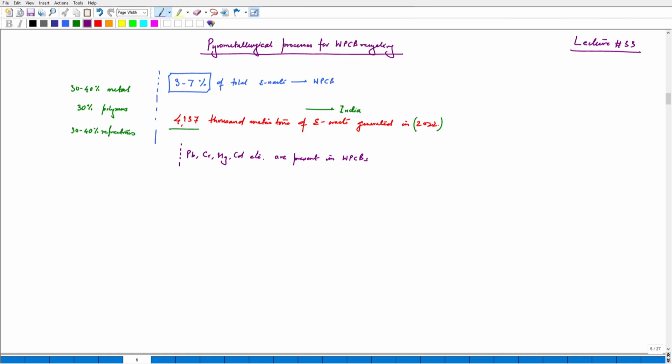These are materials that lead to the generation of hazardous gases, and if these gases are coming in contact with humans, then it can lead to lots of repercussions and health hazards. So one has to really think how we are going to go about the whole pyrolysis operation. What are the important pre-treatments?